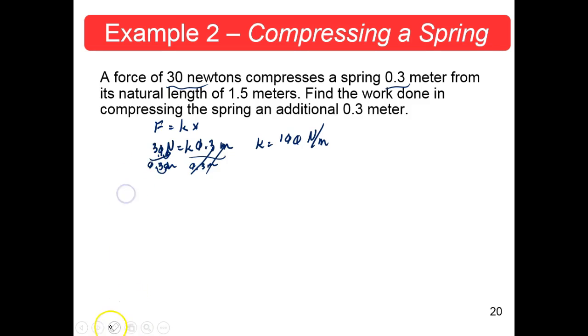I think I'll just move this. So it sounds like to me you've already compressed the spring to 0.3 meters. So that's your starting point. And then you're going to compress it an additional 0.3, so that's going from 0.3 to 0.6. Now that's how I read it. Let me make sure that's what they're talking about. Yep, that's what they're doing.